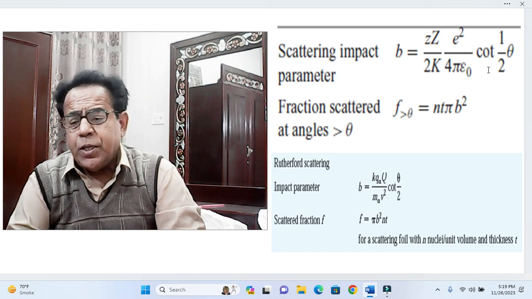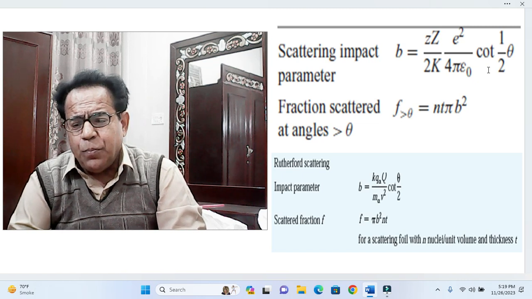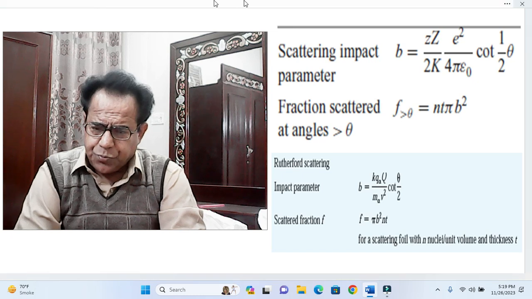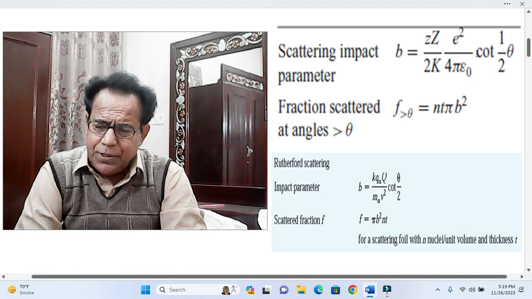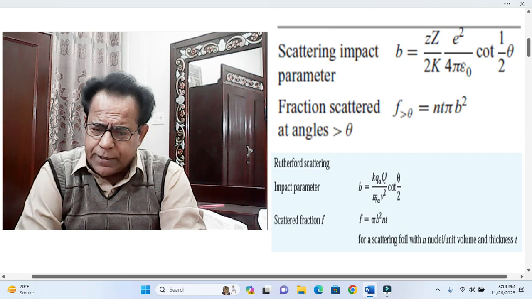Okay, moreover, e square has been used in the first snapshot, while in the second snapshot small q and capital Q are used. Okay, small q is included with alpha as a subscript of small q.